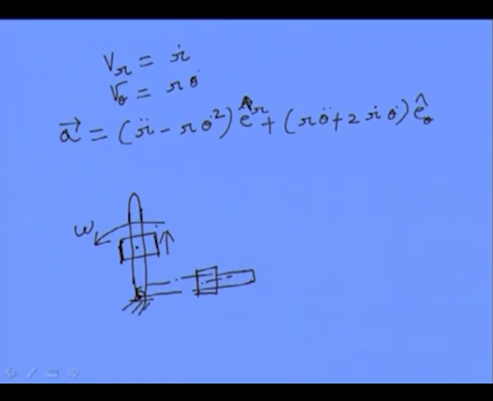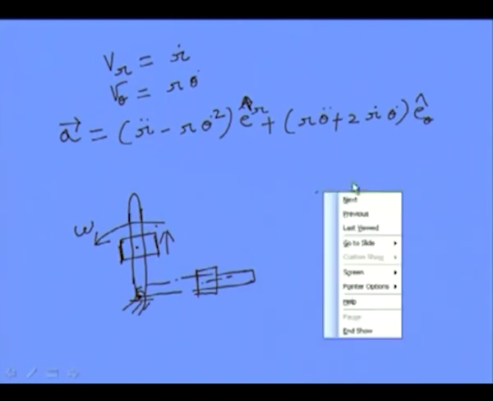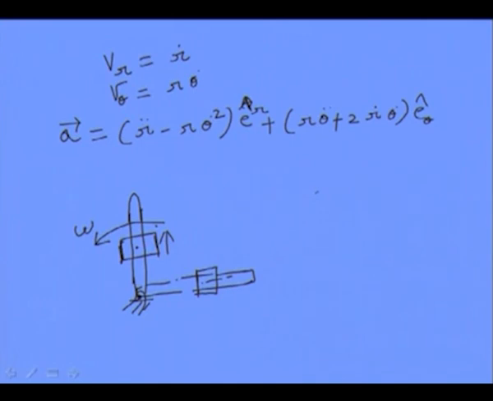Therefore the block's position is indicated by R times er, that is radial at any location. So it is very convenient to indicate the position of the block just by cylindrical coordinates. This is a unit vector er, but the unit vector keeps on rotating, so it keeps on changing.